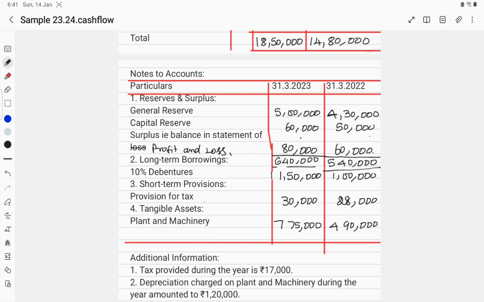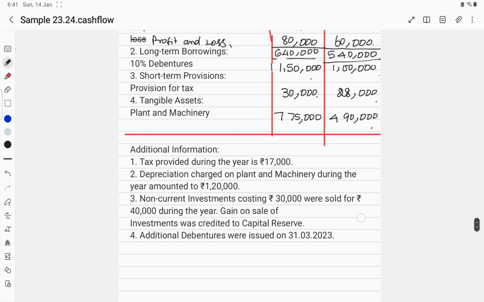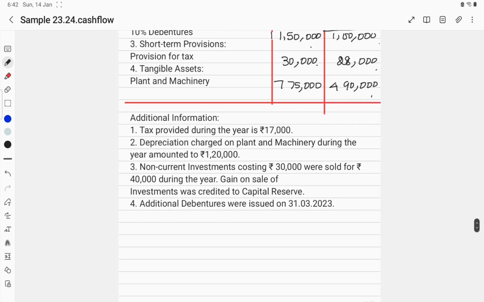Second, long term borrowings, 10% debentures 1 lakh 50,000, 1 lakh. Short-term provisions, provision for tax 30,000, 28,000. Here tangible assets like plant and machinery 7,75,000, 4,90,000. Additional information. Tax provided during the year is rupees 17,000.